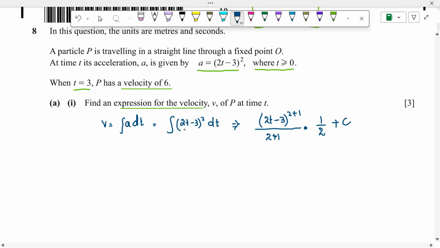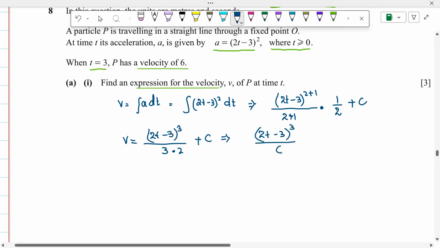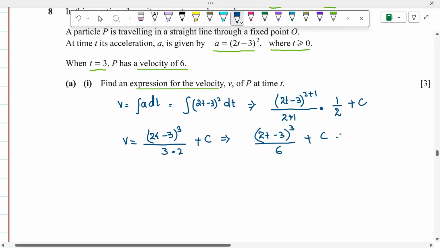This c is a constant. So we have calculated the velocity, which is (2t - 3)³ over 3 times 2 plus c, and this is equal to (2t - 3)³ over 6 plus c. Okay, this is a velocity.